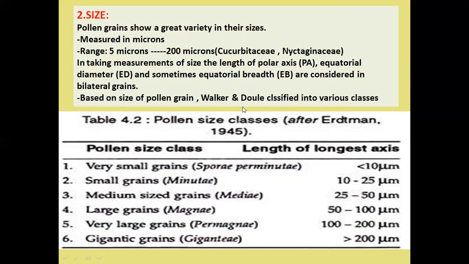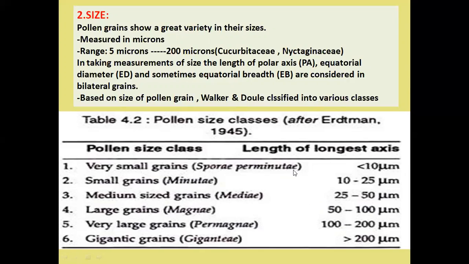Based on the size of pollen grains, Walker and Doyle classified pollen into various classes. The first class is very small grains, less than 10 microns, maybe 5 or 2 or 3 microns.